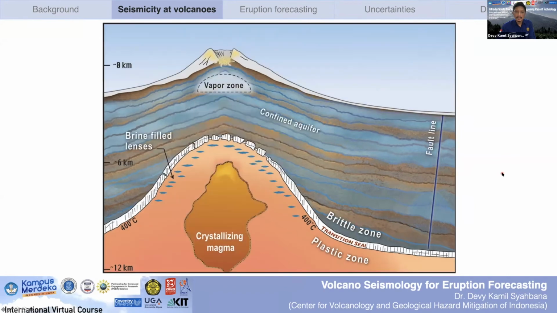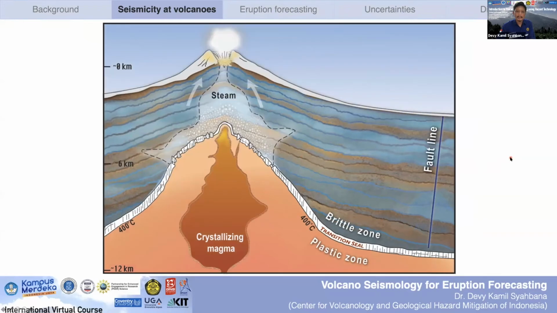And then as the heat from magma goes up and finds its way, it will make a vapor zone right there, and at a certain point, it will accumulate and show degassing activity.